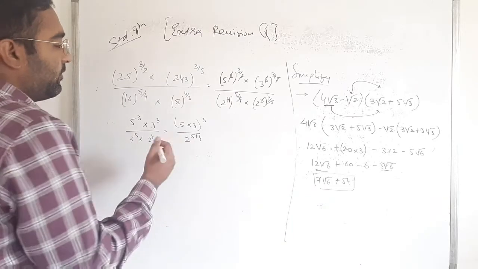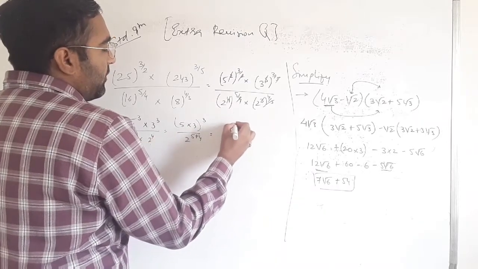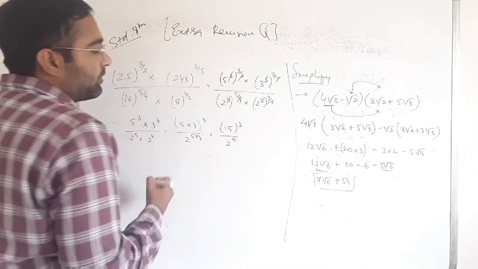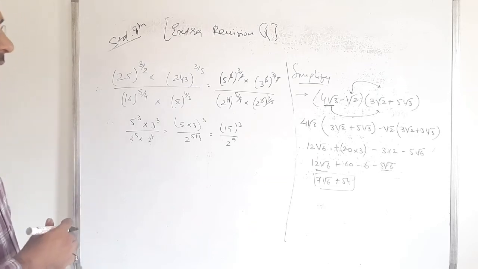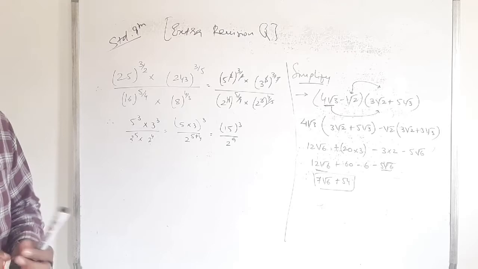So 5 plus 4 is 9, and here 5 3s are 15. 15 cube upon 2 raised to 9. Clear that? 15 cube upon 2 raised to 9. This is your final answer.